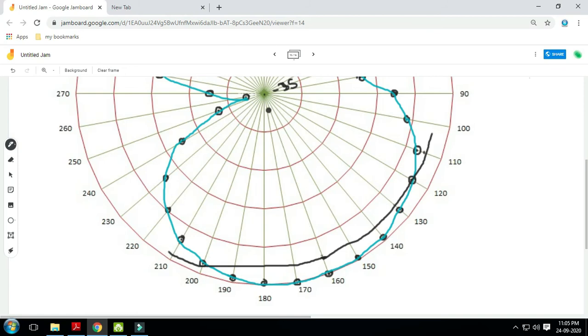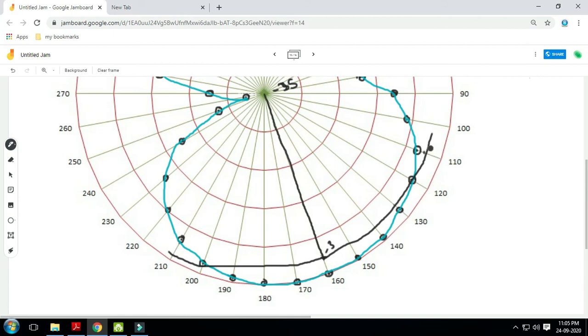So this is your radius distance. You don't have to mark it, but I am marking it here so that you can understand. So this is your radius, and this point is minus 3 dB. So at the minus 3 dB line, you make a radius from the maximum power reading. You go 3 dB down, put a mark, make a radius from center to that mark, and create a curve.